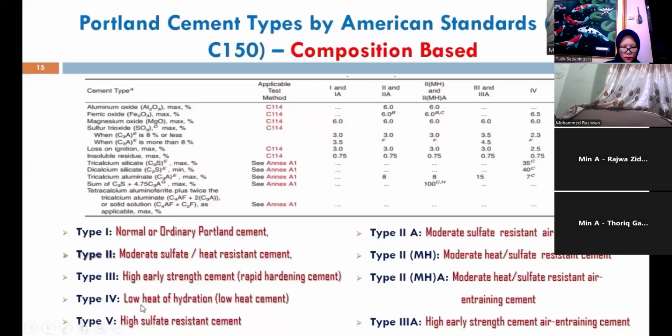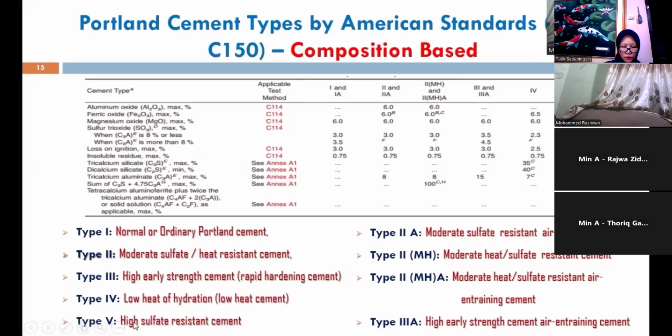Type 4 is the low heat of hydration or low heat cement, and this is commonly used in mass construction like dams, which produce a high content of heat in joules. And finally, type 5 is a high sulfate resistant cement like type 2, but for areas or conditions of very high sulfate content.